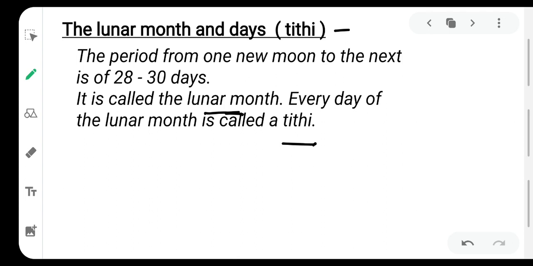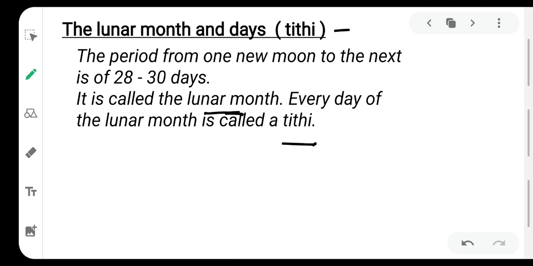This period is the fourth night of the waning moon. Thus, the period from one new moon to the next is of 28 to 30 days, and it is called the lunar month. And every day of the lunar month is called a tithi.